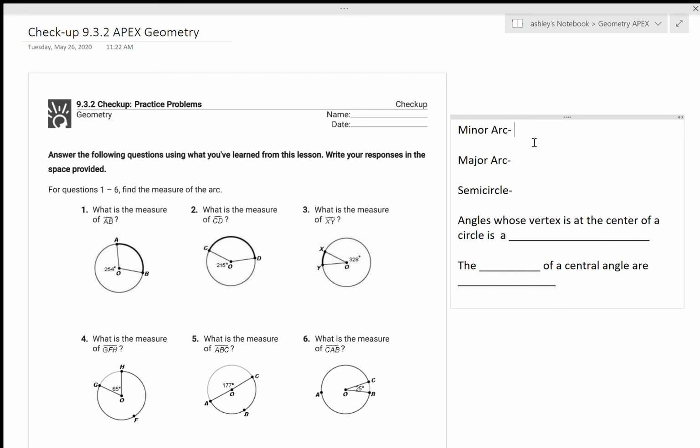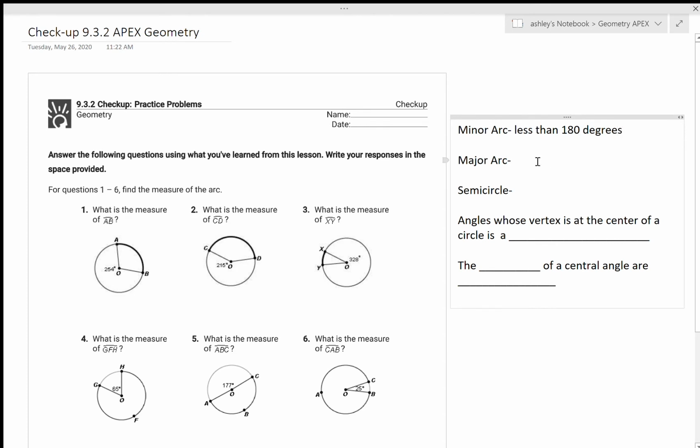You have minor arcs. Minor arcs are less than 180 degrees. They also can be defined as the smaller ones, they're between the two sides, and I'll explain that more. Then you have major arcs.